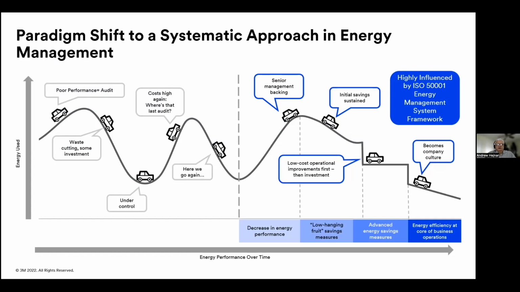So really what we need to do is to move to the right-hand side of the slide, and we work towards the energy efficiency to become a company culture. So basically energy efficiency at the core of the business operations is our goal.